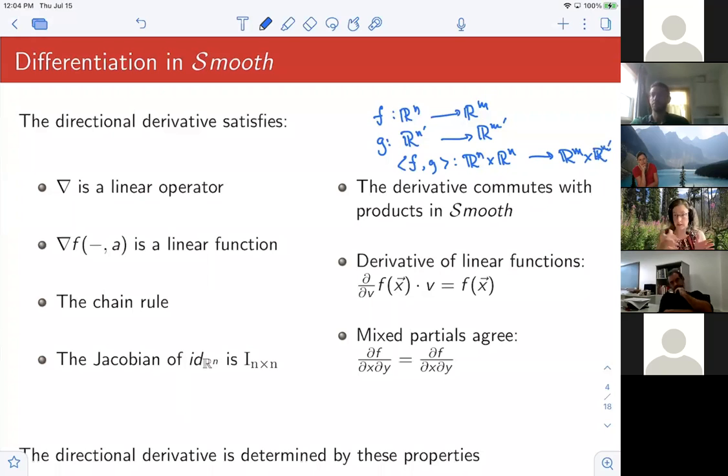The derivative just does that component-wise, just as we define the function component-wise. And linear functions have a particularly simple derivative, and the mixed partials agree.